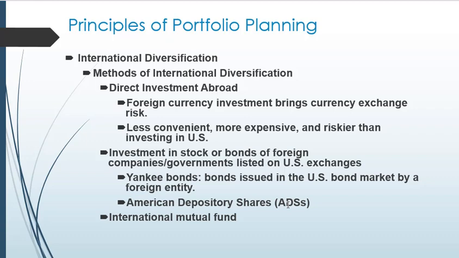The other method, which I think is the more efficient and certainly least costly of all, is to invest in what are referred to as international mutual funds. And we'll talk about mutual funds in general in detail so that you'll understand the importance and the simplicity of that form of diversification.